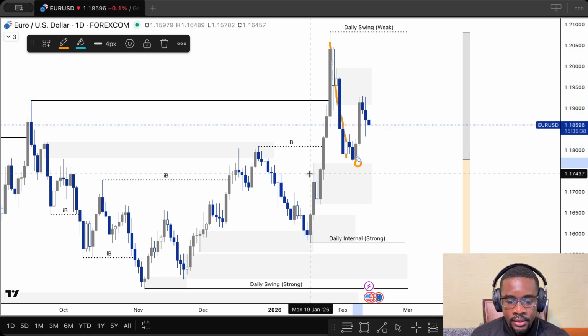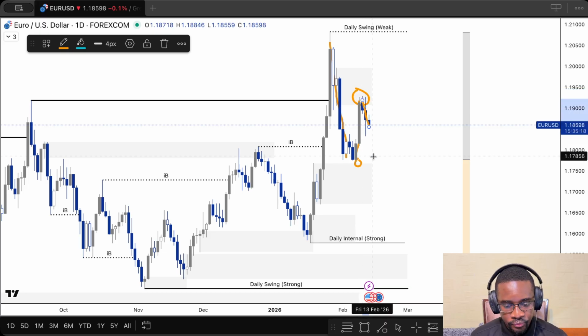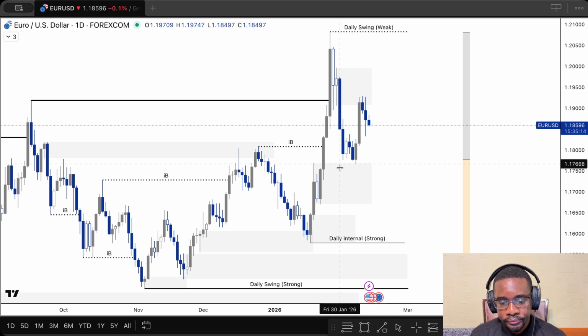We mitigated this demand inside the discount of the swing range, and then we had a reaction. We've also mitigated this supply, which is a fractal supply in premium, and we've had a reaction again.